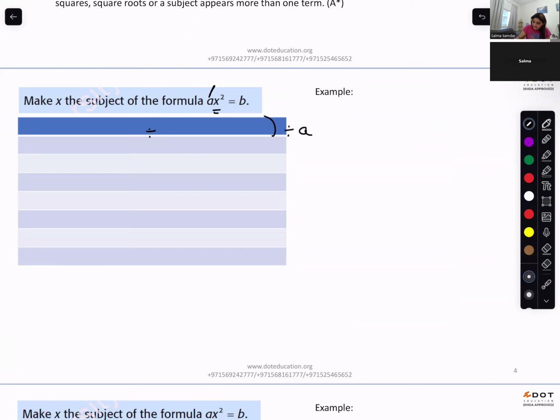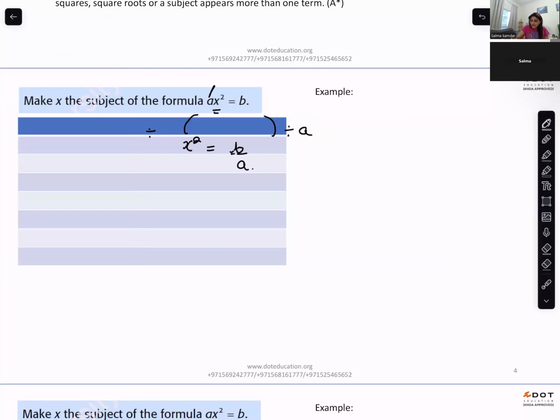So this will become X square is equal to B by A. After I have divided both the sides by A, I want X single. So what I am going to do is take the square root.